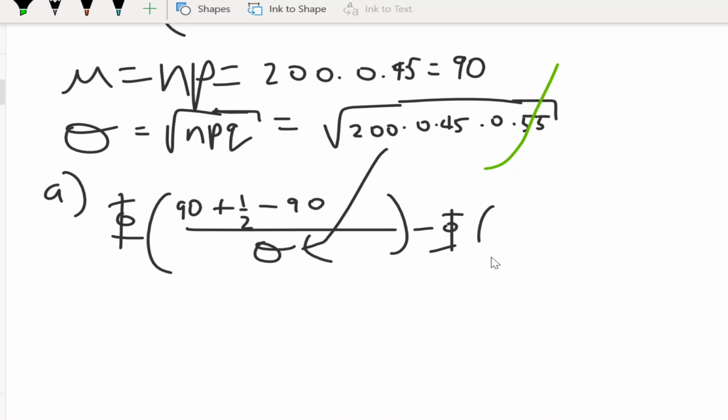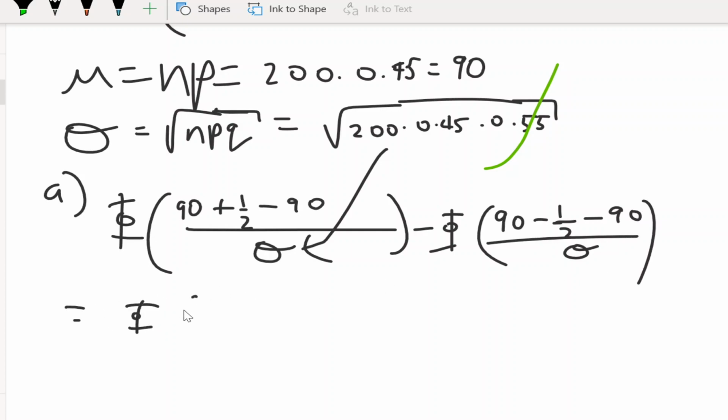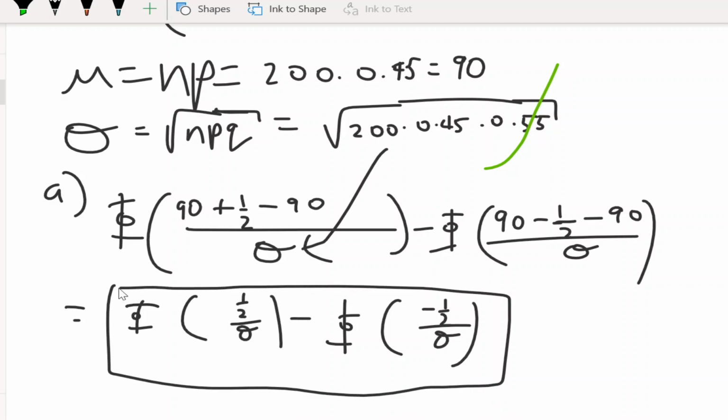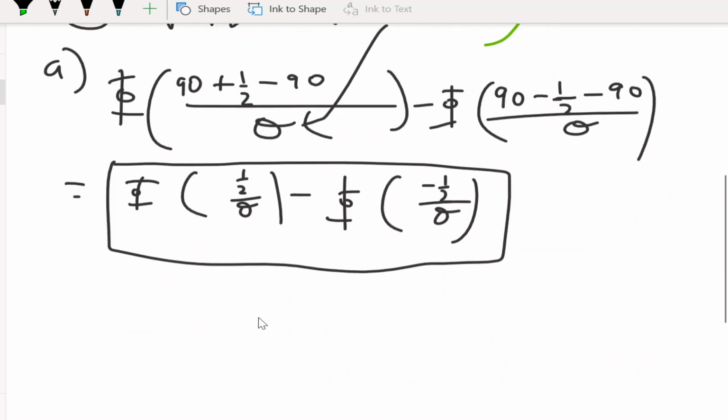Minus phi of 90 minus 1/2, so we'll use a correction factor of negative half instead, then the rest will be the same. If we keep going, it'll simplify down to phi of half over sigma minus phi of negative half over sigma, and it should be fine if we just leave our answer like that. I guess you could simplify it a little further, but honestly this is fine.